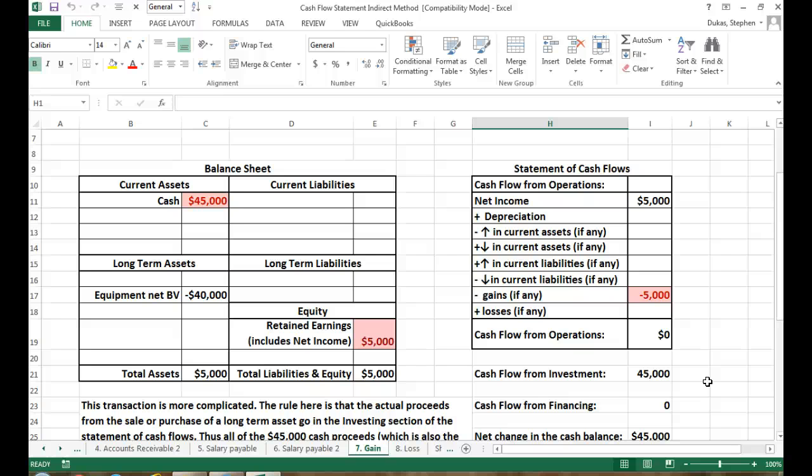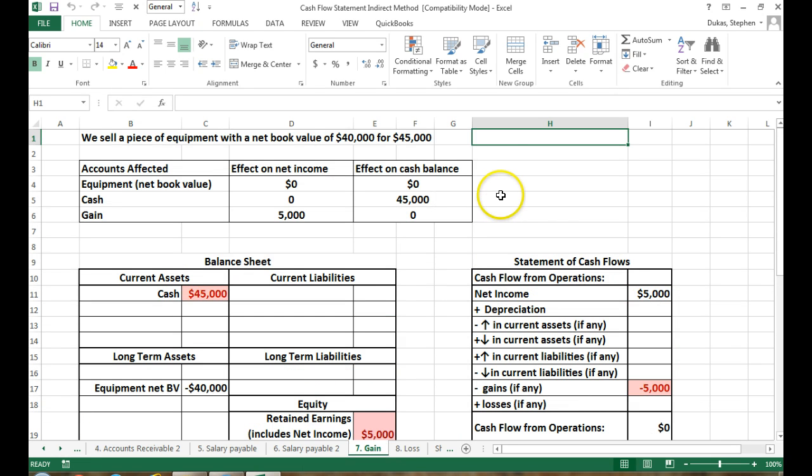Because of this, if we left the operating section alone, the total cash flow would be $5,000 from the net income plus 45 from the investment account, and that's $50,000. But we know that the total cash we received was actually 45.